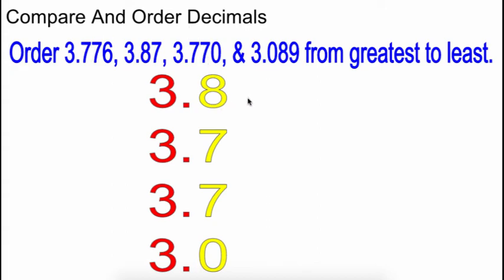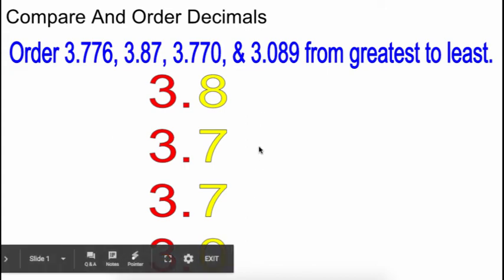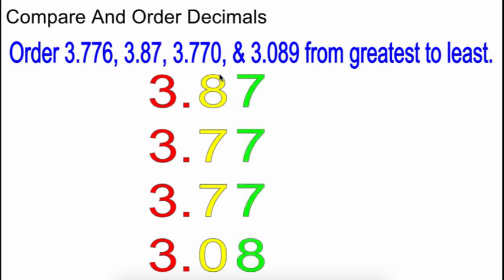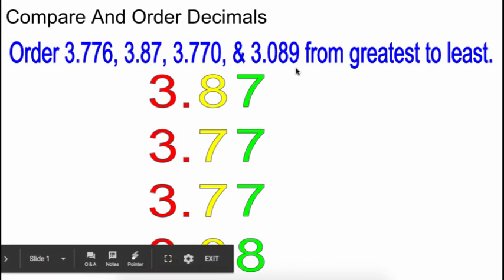We know that's going to be a 7, and then these two are both going to be 7 also, and then the 8 on the bottom. So we're going to put those in like that. We have 3 and 87 hundredths, 3 and 77 hundredths twice, and 3 and 8 hundredths. Now, these look like they're in order. The only ones that we have left are the two in the middle. We still don't know which one is bigger, so let's look at those two.